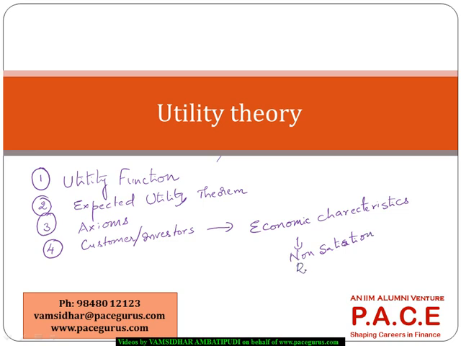I will look at an important concept which will form the base for the portfolio theory, which is called risk aversion. How do I measure this risk aversion in terms of the utility function? Risk neutrality of the investor.